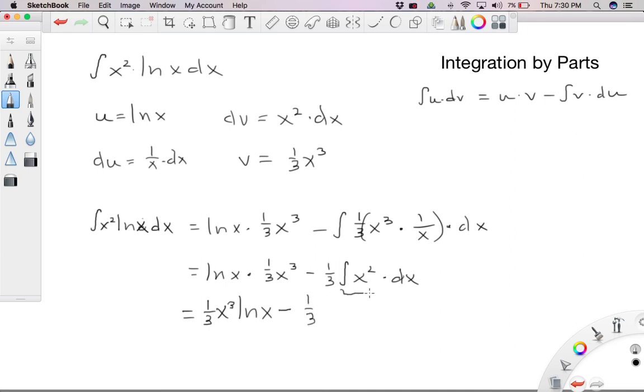And now this integral here becomes 1/3 x cubed plus some constant, right?